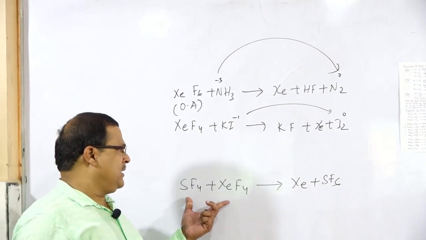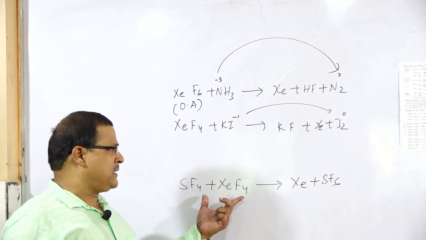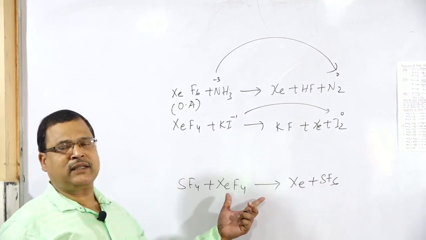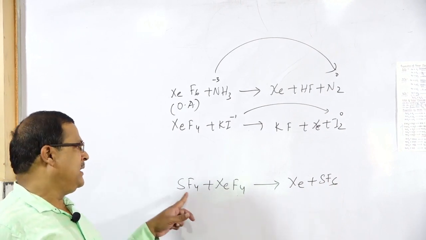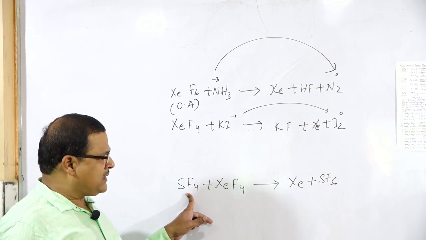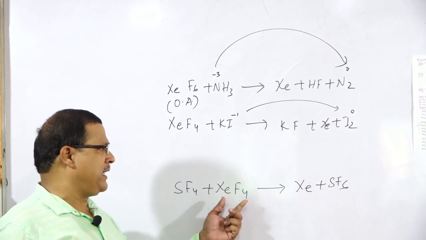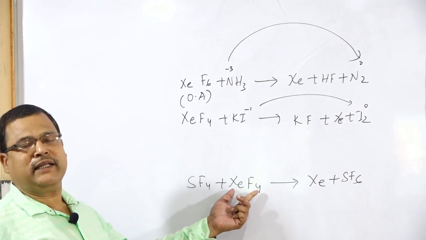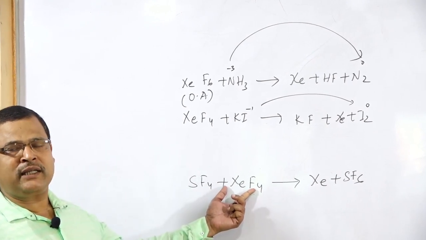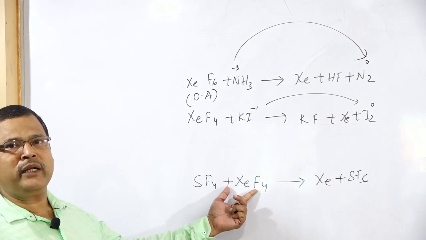In the reaction of SF4 with XeF4 to form Xe and SF6, SF4 is converted to SF6 by taking two fluorine atoms from xenon tetrafluoride. Therefore, xenon tetrafluoride in this case acts as a fluorinating agent.